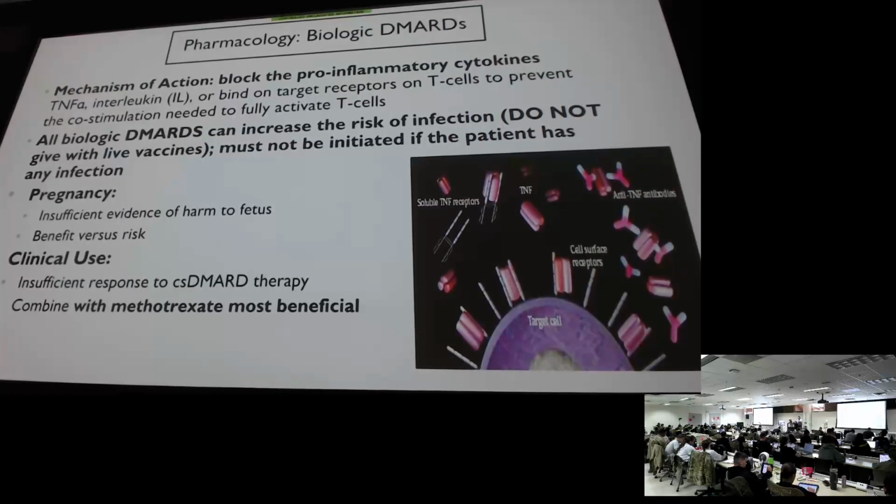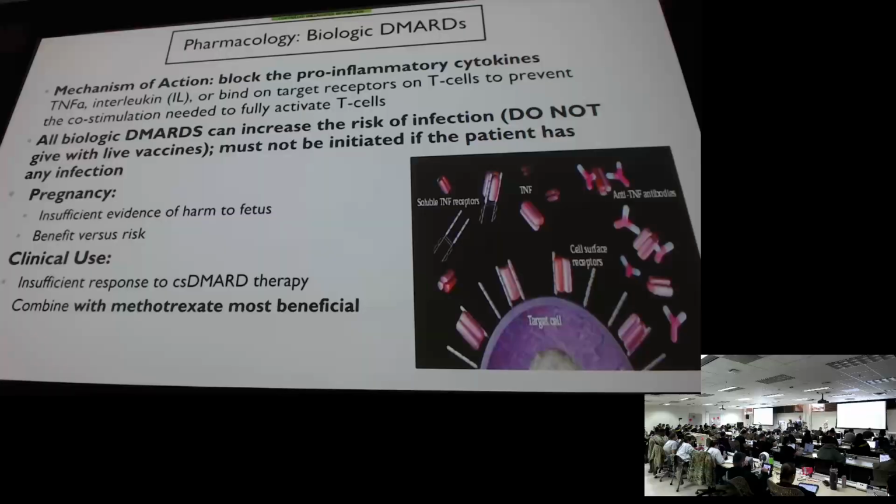And then the mechanism of action for the biologics, basically it's blocking the pro-inflammatory cytokines, either at TNF-alpha, so that would be the TNF-alpha class, or if it's the non-TNF-alpha, then it's going to be working at interleukin or binding on target receptors and T cells. Basically, that's going to prevent the co-stimulation that activates T cells.